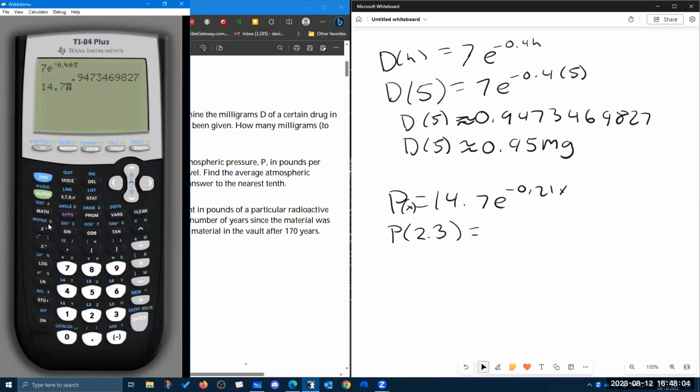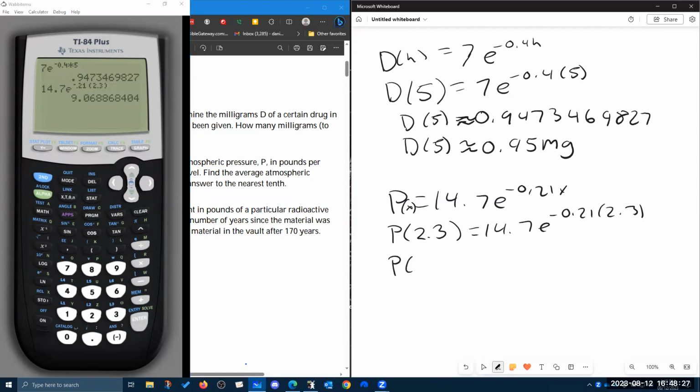14.7 e to the negative 0.21 times 2.3. Let me write that step down. 14.7 e to the negative 0.21 times 2.3.